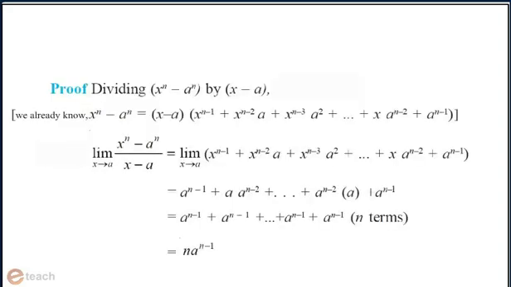Now let's see the proof. Dividing x to the power n minus a to the power n by x minus a, we see that x to the power n minus a to the power n equals x minus a into x to the power n minus 1 plus x to the power n minus 2 into a up to x into a to the power n minus 2 plus a to the power n minus 1.